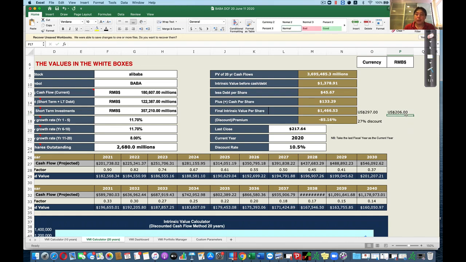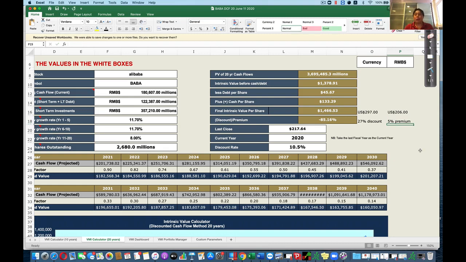So based on this very low growth rate, you can see that the share price looks slightly above the valuation, just slightly above, about 5% above valuation.